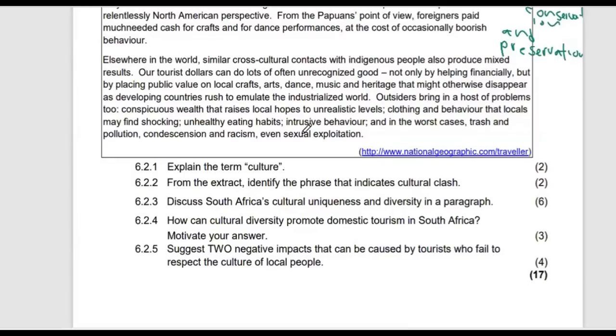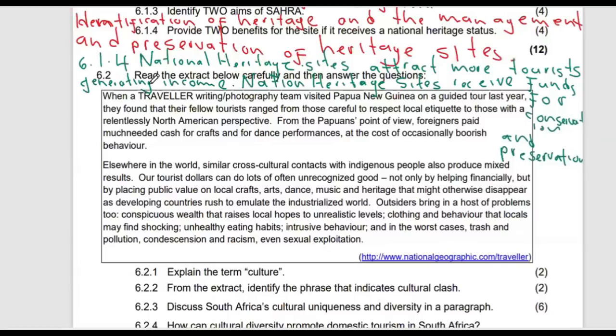All right, the next question. It requires us to read from the extract. When a traveler writing photography team visited Papua New Guinea on a guided tour last year, they found that fellow tourists ranged from those careful to respect local etiquette to those with a relentlessly North American perspective.